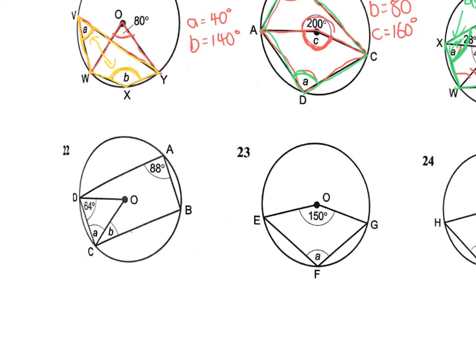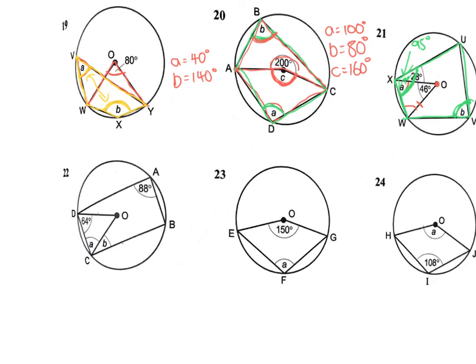Question 22. Again, similar idea. These are both radiuses. So if that's 64 here, then A must also be 64 degrees. And this is a cyclic quadrilateral. So these two opposite angles must add up to 180. So if that bit's 88, this whole bit is 92.